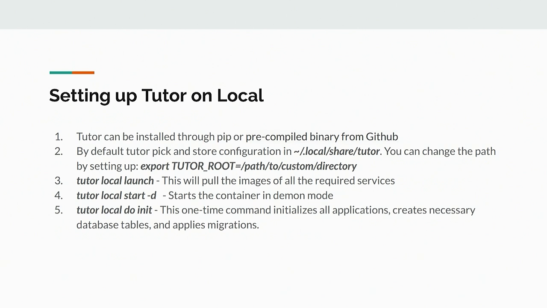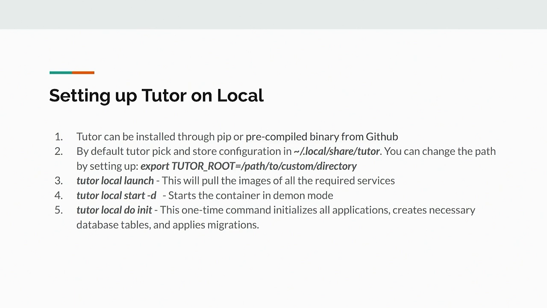Setting up Tutor on local is simple. A pre-compiled binary is available on GitHub, or you can install it via the pip package. By default, Tutor saves its configuration in the path you can see on the screen, local share Tutor. You can also change that path according to your requirements with an environment variable. Once these steps are done, you can simply run tutor local launch.